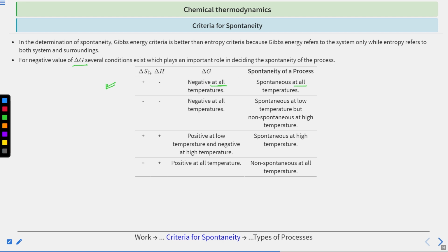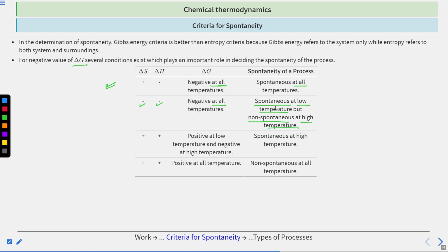Now, if the entropy change is negative and the enthalpy change is negative, then the Gibbs free energy change is negative at low temperature, and the process is spontaneous at low temperature but non-spontaneous at high temperature.